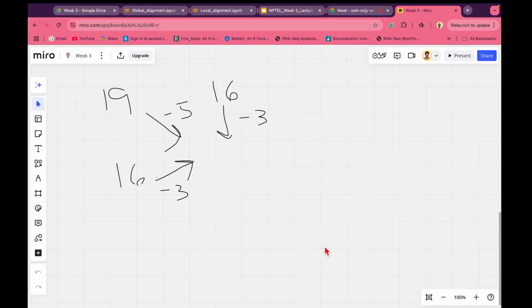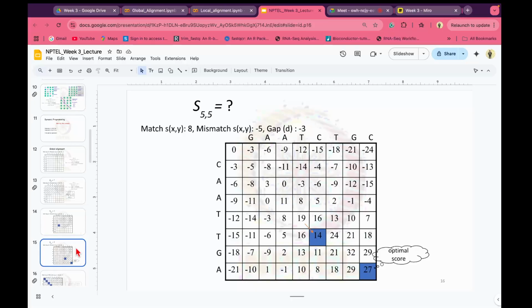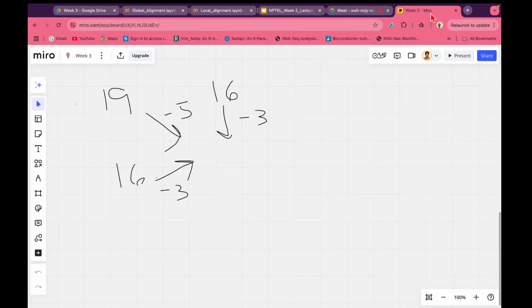So this is the alignment. So we have values 19 minus 5, 14, followed by 13 and 13.